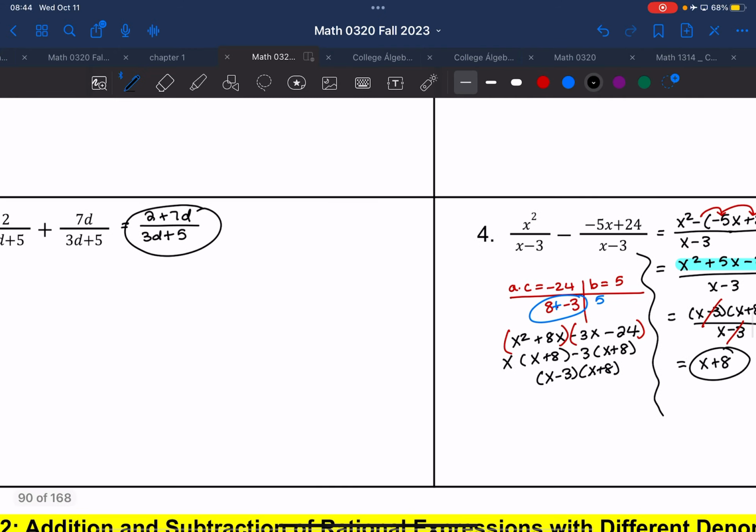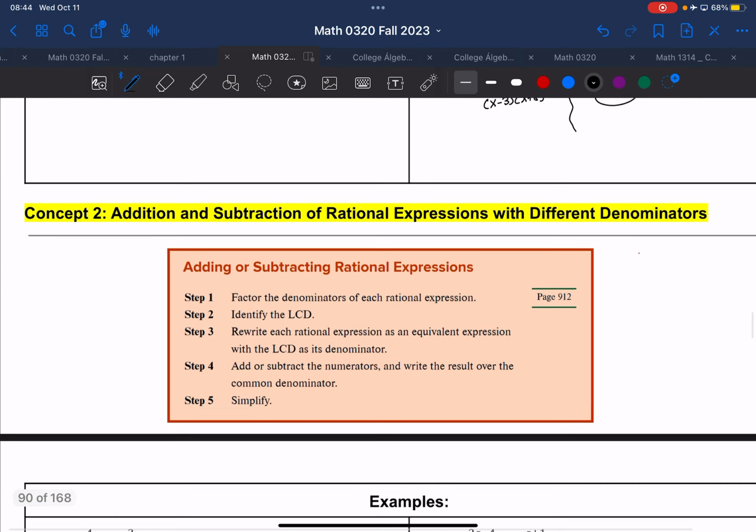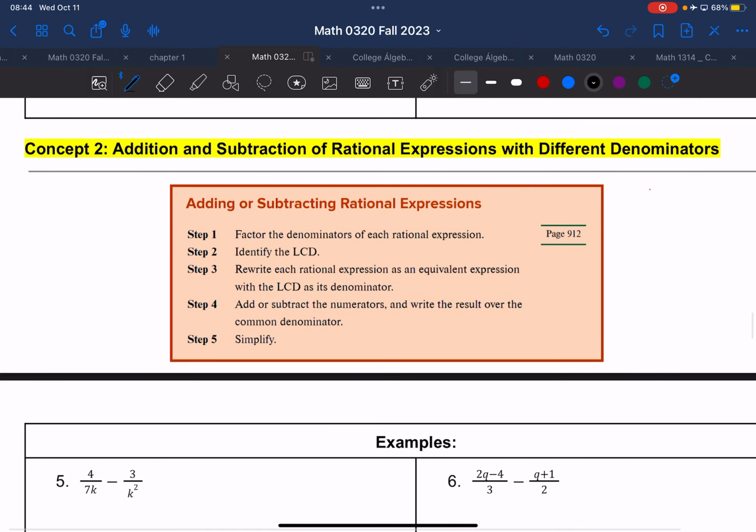Let's look at the next concept here. So concept 2 is adding and subtracting when we have different denominators. So if we just think of a regular fraction, when we have different denominators, what do we have to do? We have to get a common denominator, right?